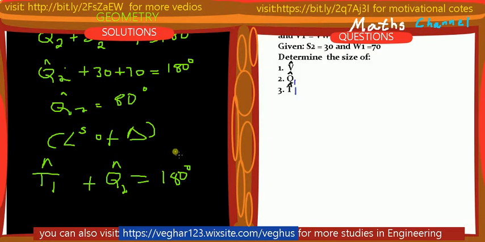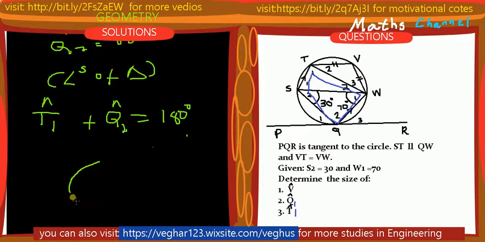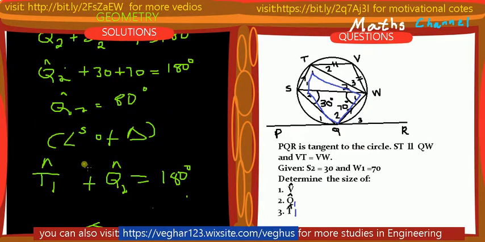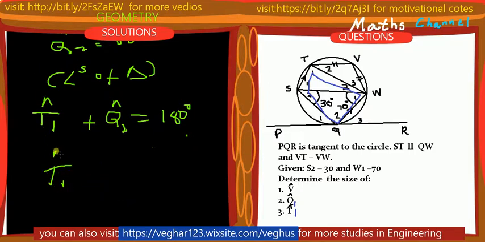This is a cycle quad. Angles that form 90 degrees, the opposite angles form 180 degrees. So this is the reason behind this. Okay, this is 80, so then you will have your T1 as 100.